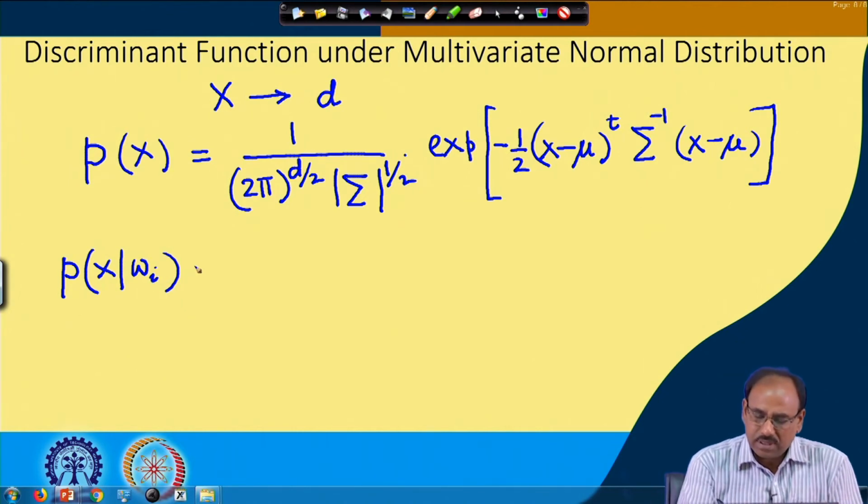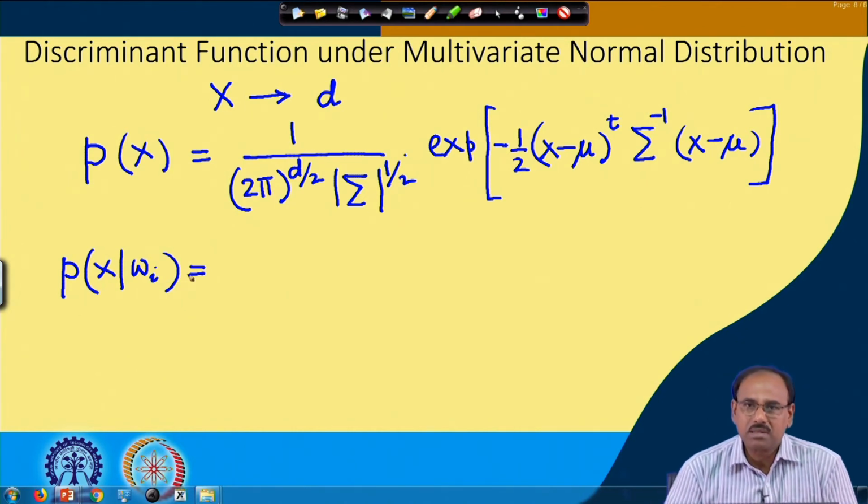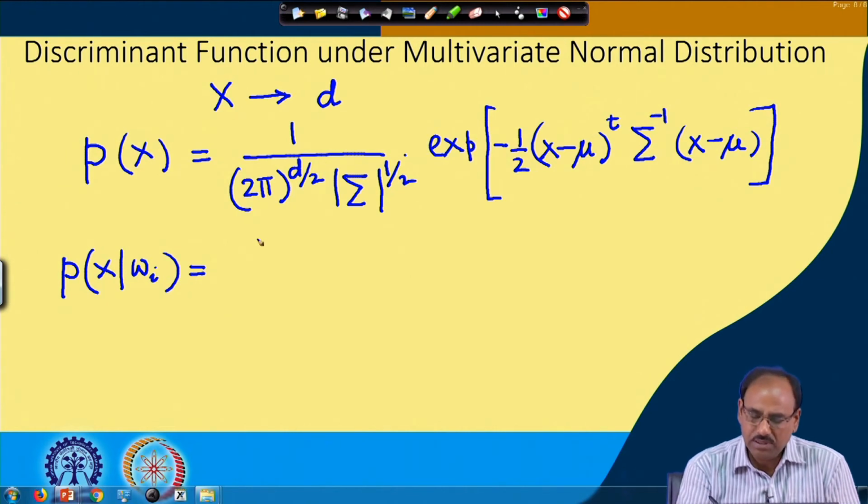So, what I will do is express this class conditional probability density function in the form 1 over 2 pi to the power d by 2.